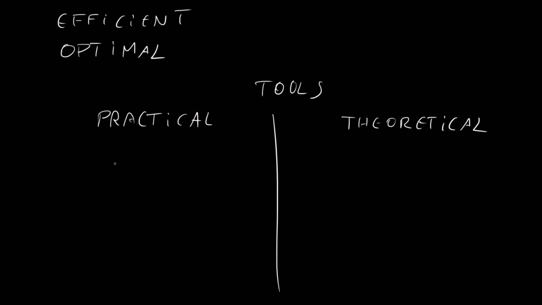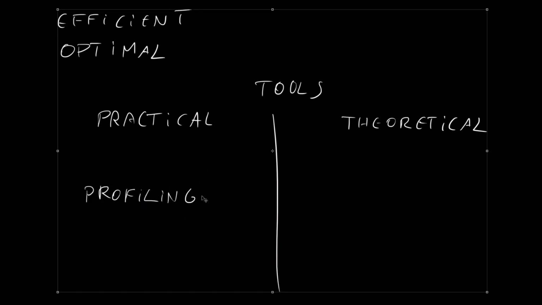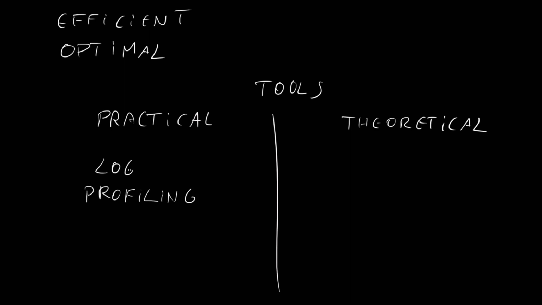The practical tool, like the basic one, is going to be profiling. Actually, maybe this is not the basic one. The most basic one would maybe be logging slash timing.